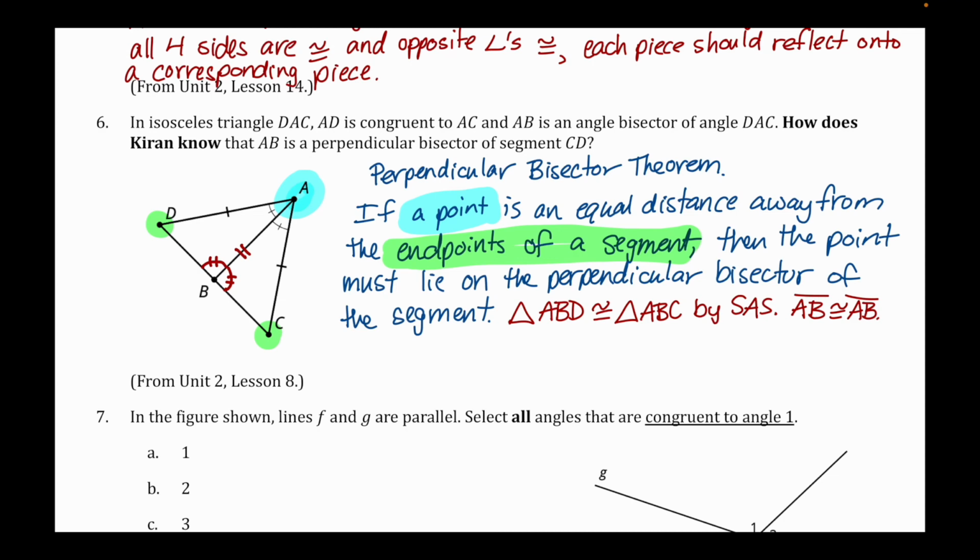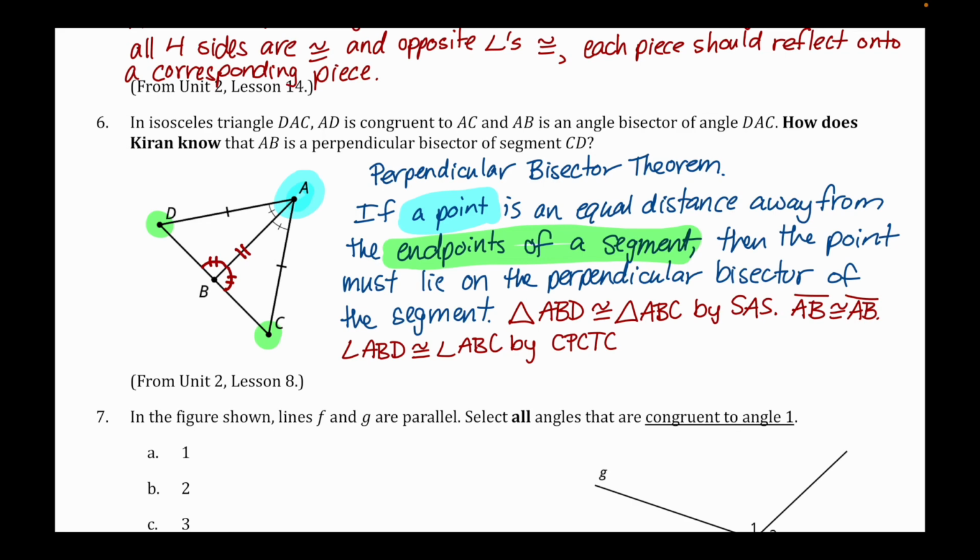So that means angle ABD is congruent to angle ABC by CPCTC. So those two, the segment in the middle is shared, so it's a shared segment. That gives us the SAS.